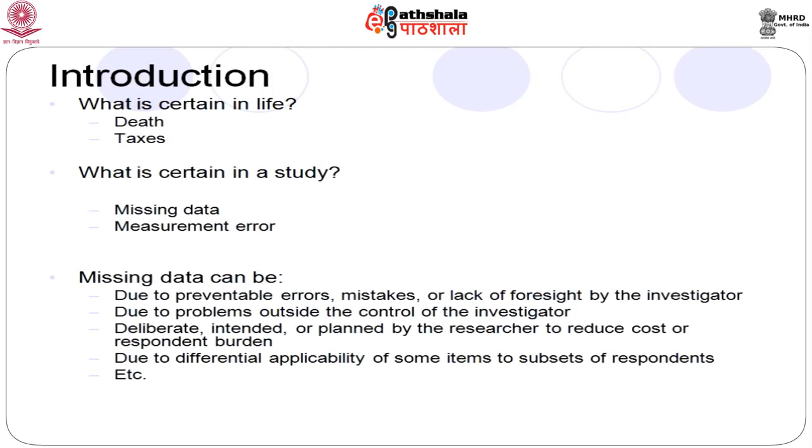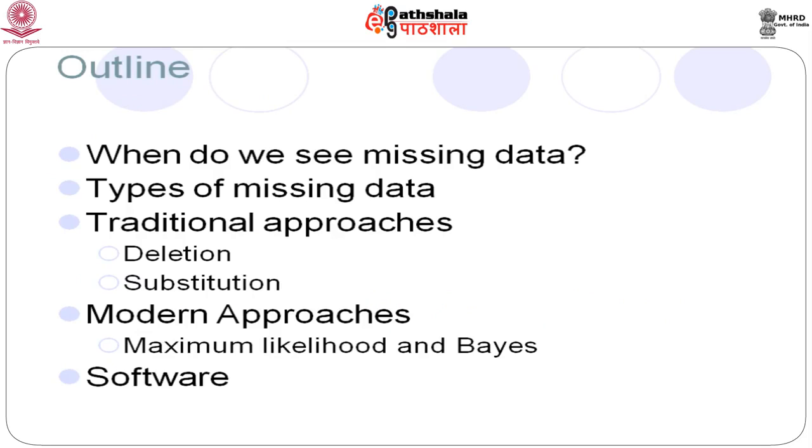You know that missing data can be due to preventable errors, mistakes, or lack of foresight by the investigator, due to problems outside the control of the investigator, deliberate, intended, or planned by the researcher to reduce cost or respondent burden, due to differential applicability of some items to subsets of respondents, and various other reasons.